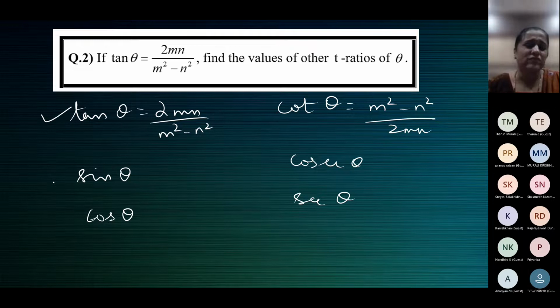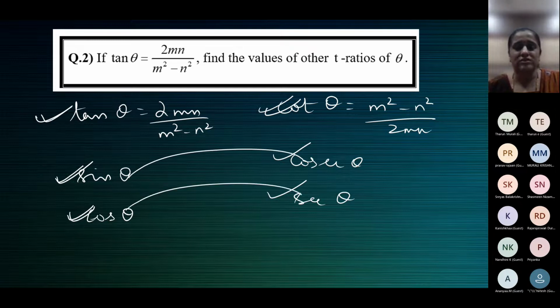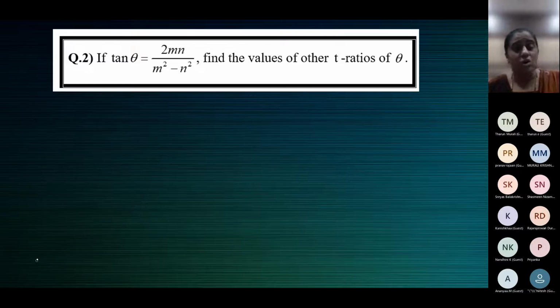So it's enough if you find sine theta and cos theta, because the reciprocal of tan is cot, the reciprocal of sine is cosecant, and the reciprocal of cos is secant. It's not that we have to find all the remaining 5. Just find sine and cos, and you can find all the others.